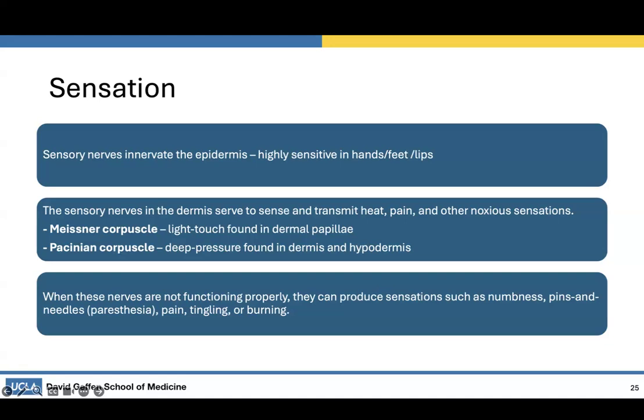They are responsible for detecting high-frequency vibrations and fine surface textures. These are also found in the interosseous membranes, which may help them detect vibrations in the skeleton. When these nerves don't function properly, patients may complain of things like numbness, tingling, paresthesia, or even a burning sensation.